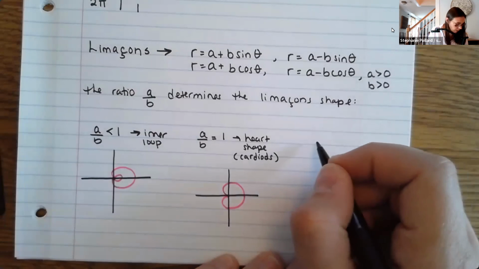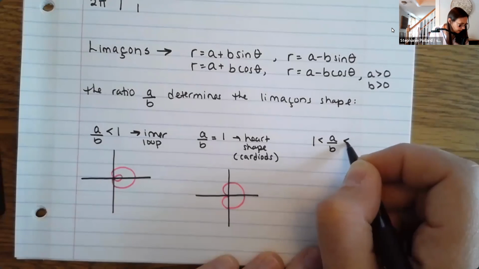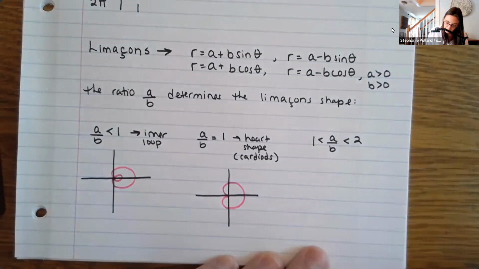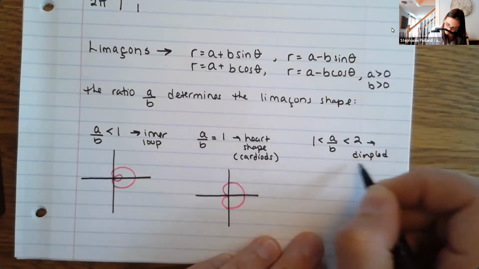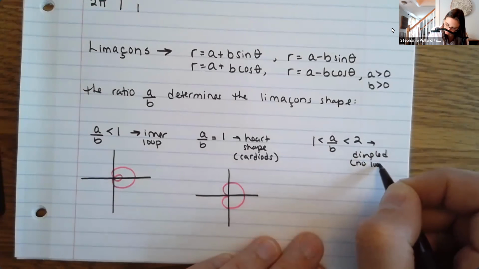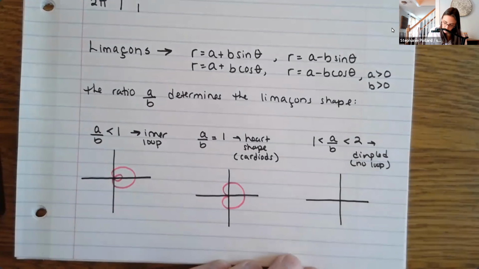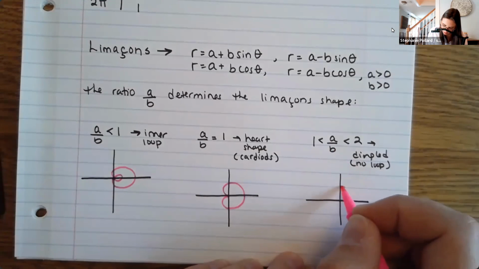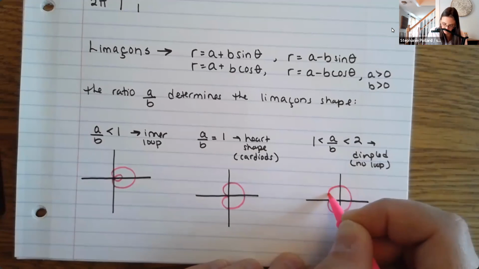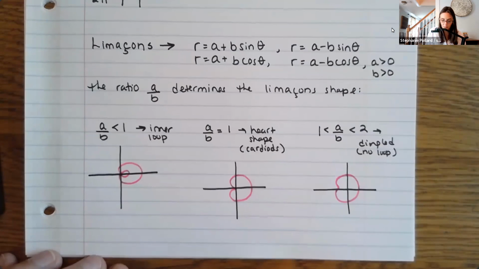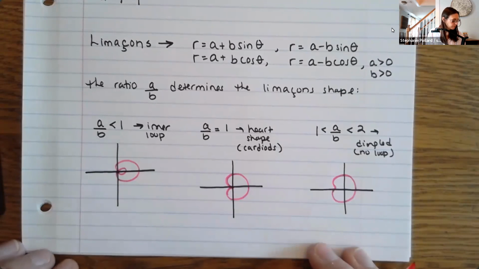If your A over B is between 1 and 2, it is what we call dimpled, but there's no loop. So it's kind of got that kidney shape with just like a little dimpling. Goes in just a little bit there, but there's no loop. This one here has a full dimple, heart shape.